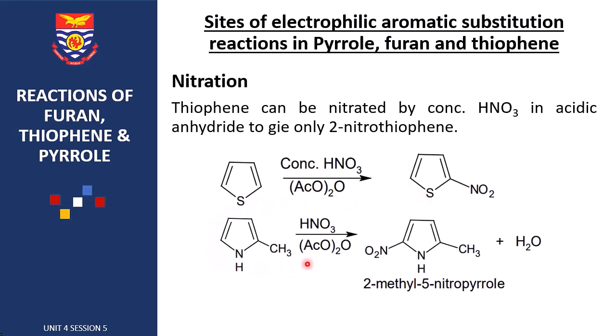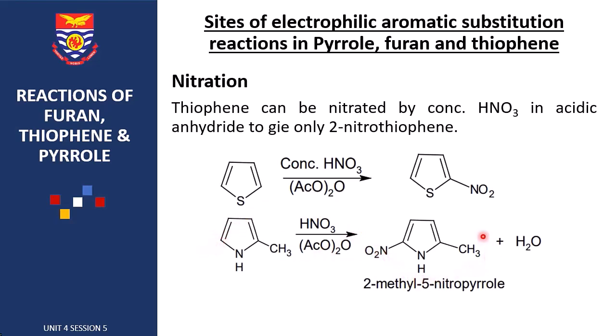Now, if the same reaction conditions are used in the case where there's an already substituted compound at the carbon number 2 position, then the incoming nitro group is forced to move to the fifth carbon position, right?